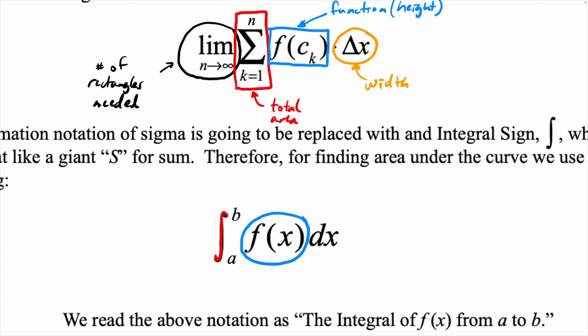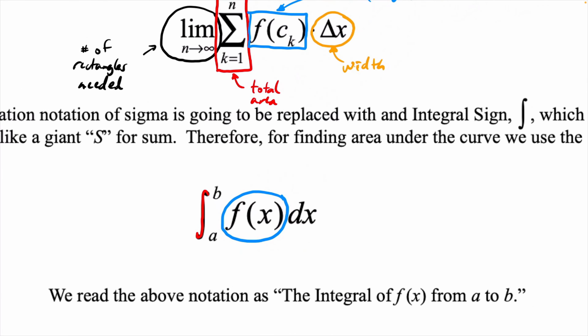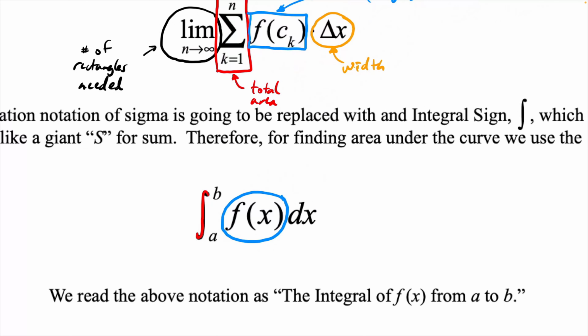You're going to add up area. What do A and B tell us? Is that the number needed? There you go. How many are you going to go? Where are you going from? From where to where are you going from? Right? It's the interval. In other words, how many rectangles are you going to need?